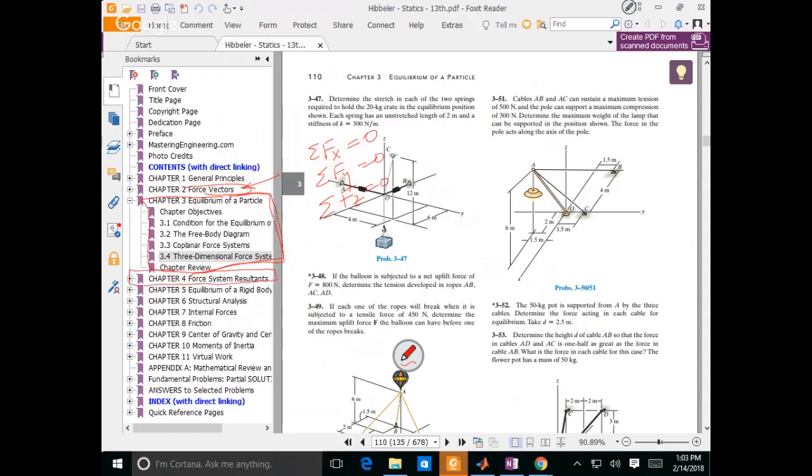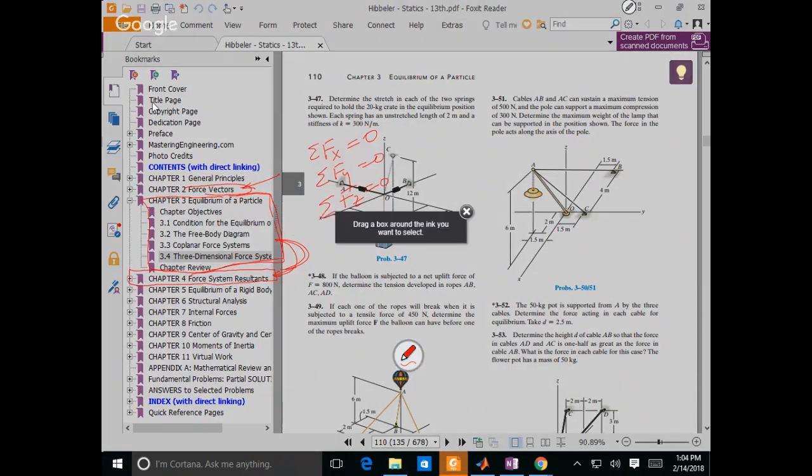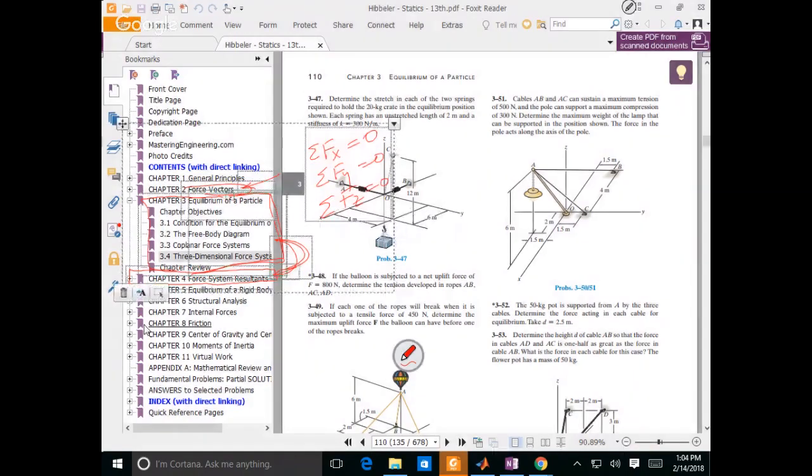So I'm going to go ahead and start covering chapter 4. And then I'm going to start bouncing back and forth between these two working problems, because sometimes the pictures are the same. So with that in mind, let me go ahead and start into chapter 4.